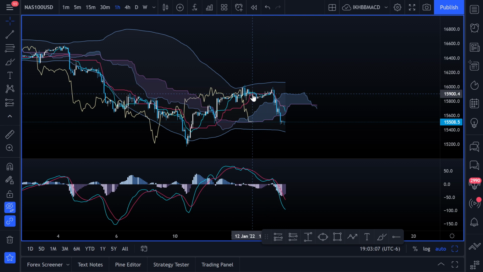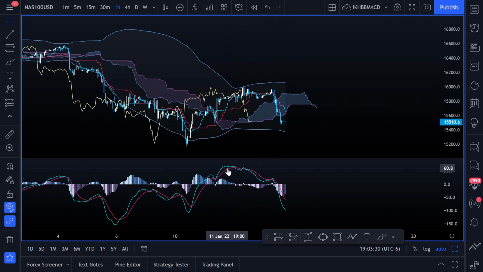We also had, per Ichimoku, these bearish signals: flat Kijun-sen and Tenkan-sen. We also have a small Kumo twist, and the price broke below Kijun-sen.